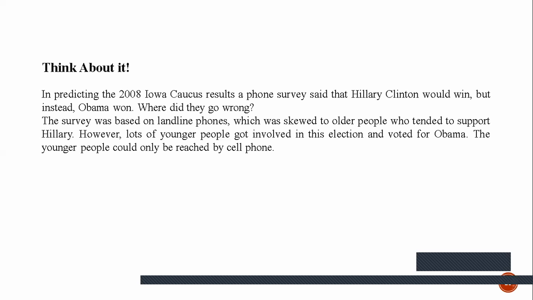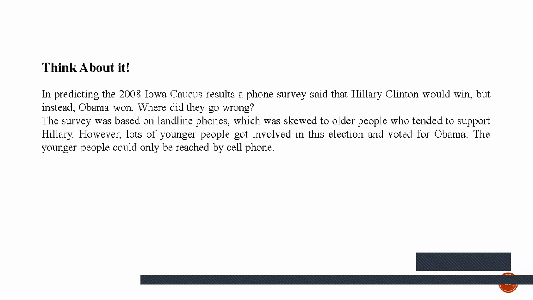Also, this one is a question on predicting the 2008 Iowa caucus results. A phone survey said that Hillary Clinton would win, but instead Obama won. Where did they go wrong? The survey was based on landline phones, which skewed toward older people who tended to support Hillary.